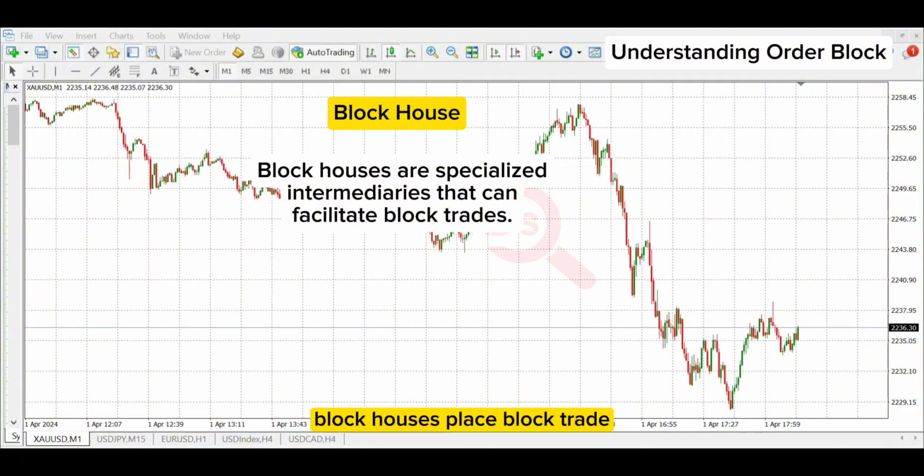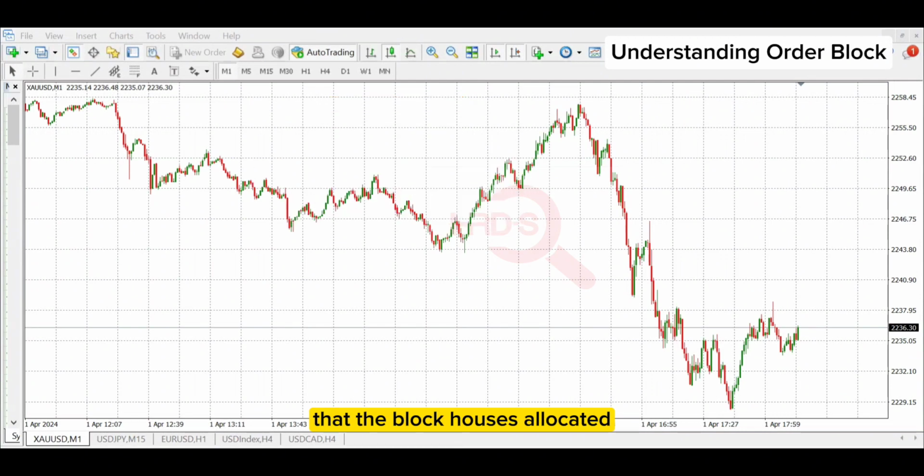So that is what a block house does. Block houses place block trades, and block trades are large securities, big amounts of money, big institutions handling these trades. So the brokers that the block houses allocated these stocks to now execute these trades at different times and at different prices.